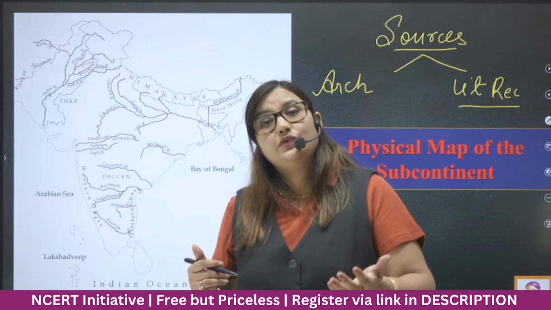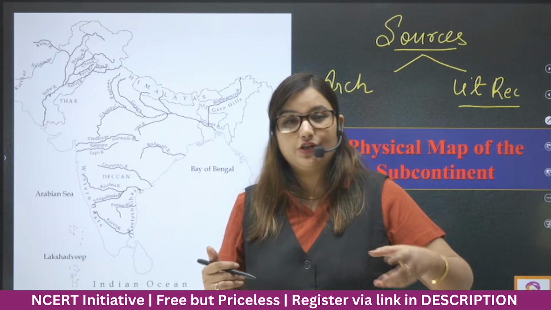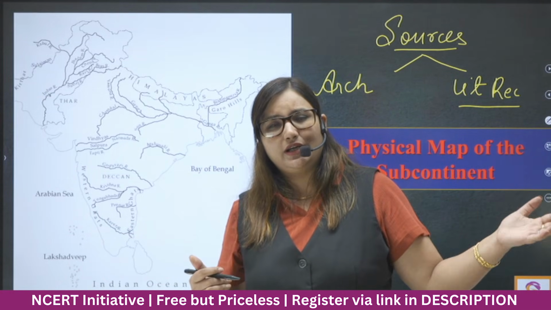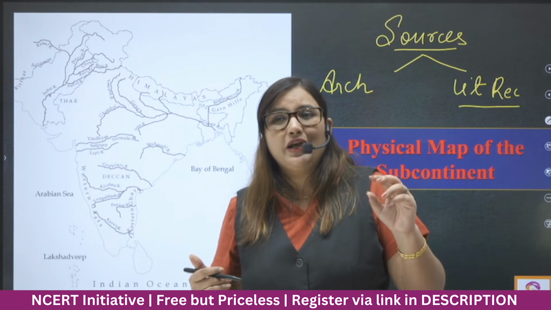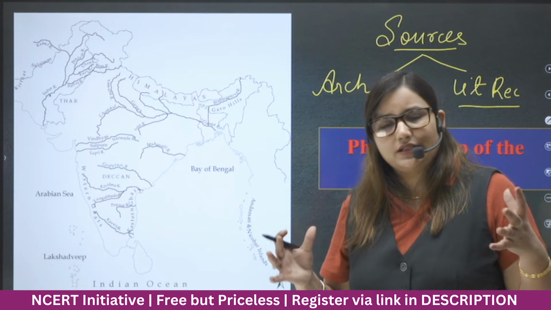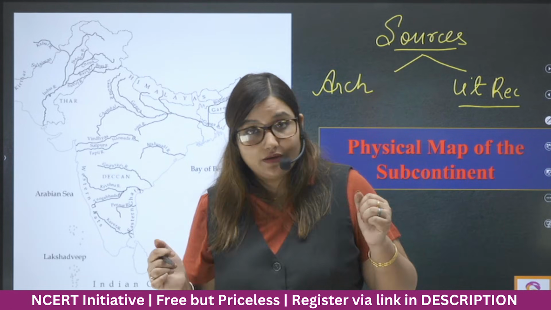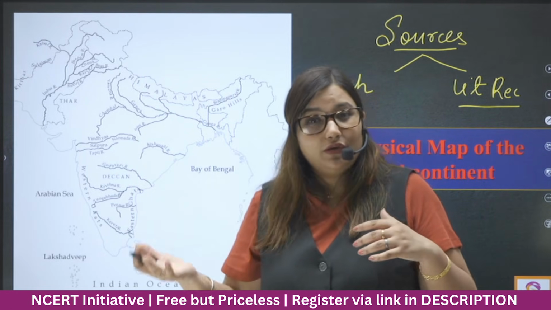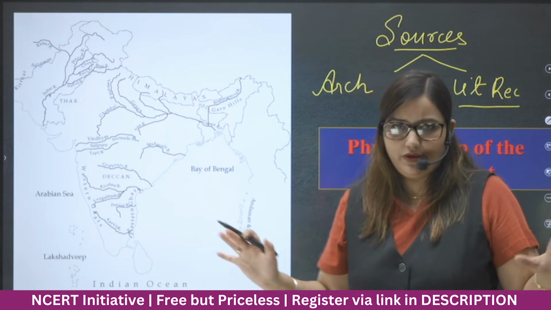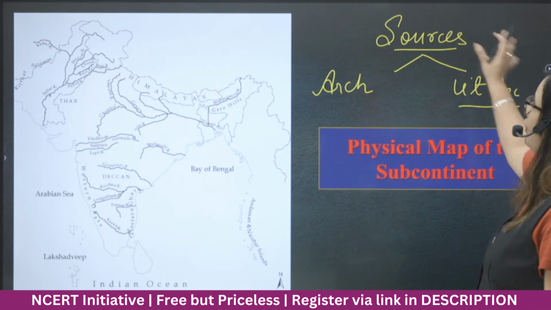In foreign records, we have different types of foreigners. Chinese pilgrims were there, like Fa Hien, Hiuen Tsang. Then we had some Arabian travelers coming to India. We had different travelers in the time of the Vijayanagar Empire. Okay, like Niccolo di Conti was there, Ibn Battuta was there. So we need to write about all of them. Fine. So we'll just make a small flow chart.